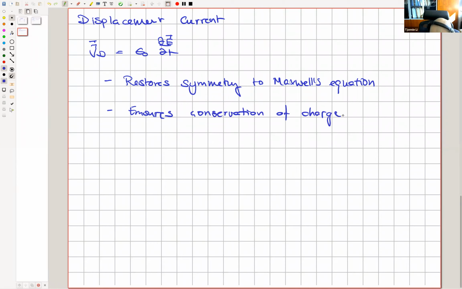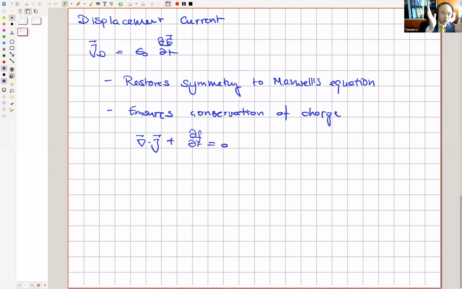In particular, it restores within Maxwell's equations the notion that the divergence of the current density is related to the change of the charge density in the following form. Again, recall the notion of the divergence of the current, which is basically stating that there's a differential between what comes into a particular closed surface and what goes out.